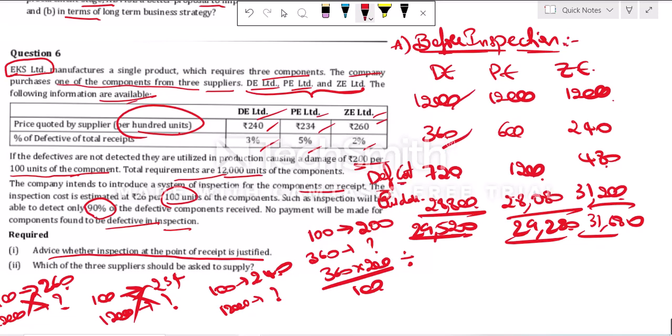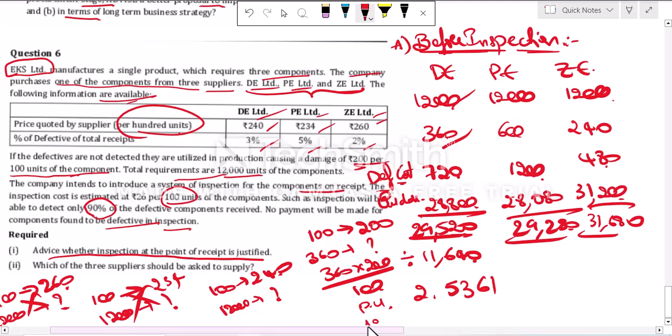After reducing 360, only 11,640 are good products. So 29,520 divided by 11,640, 2.5361 per unit.